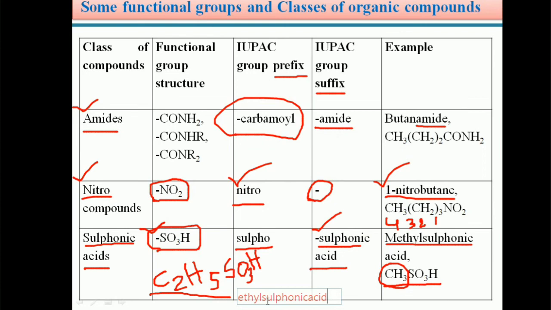If a halo group is a substituent, halo, 2 bromobutane, 1 bromobutane, 3 bromopentane. In this manner, we discussed in detail in this slide the different types of functional groups, their names, their structures, the IUPAC group suffix, or if it is a substituent, the prefix, and examples.